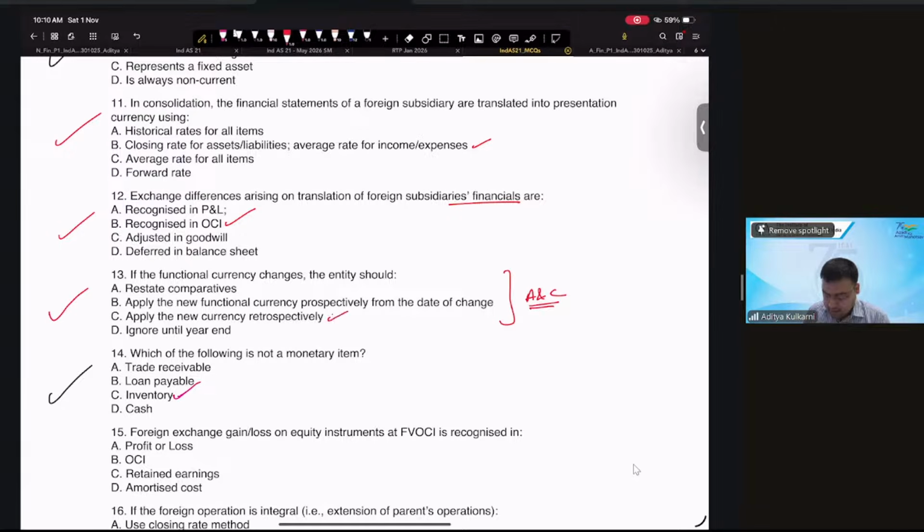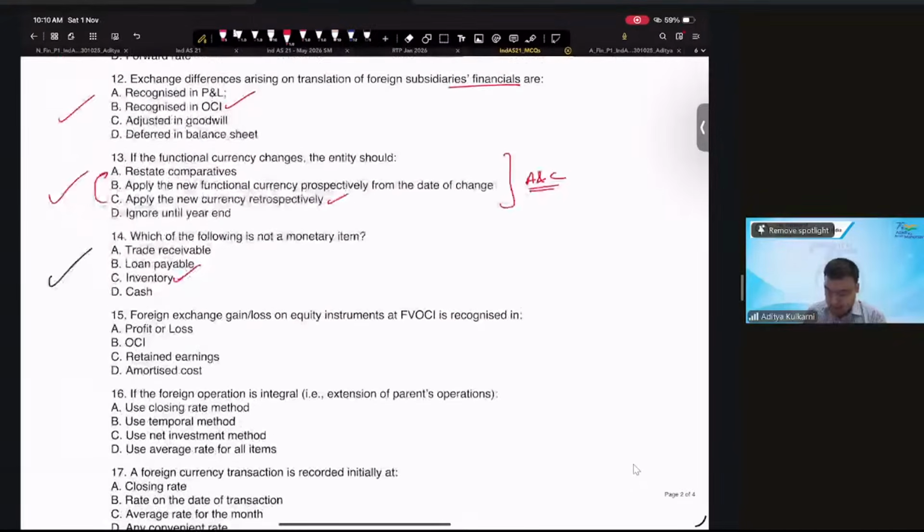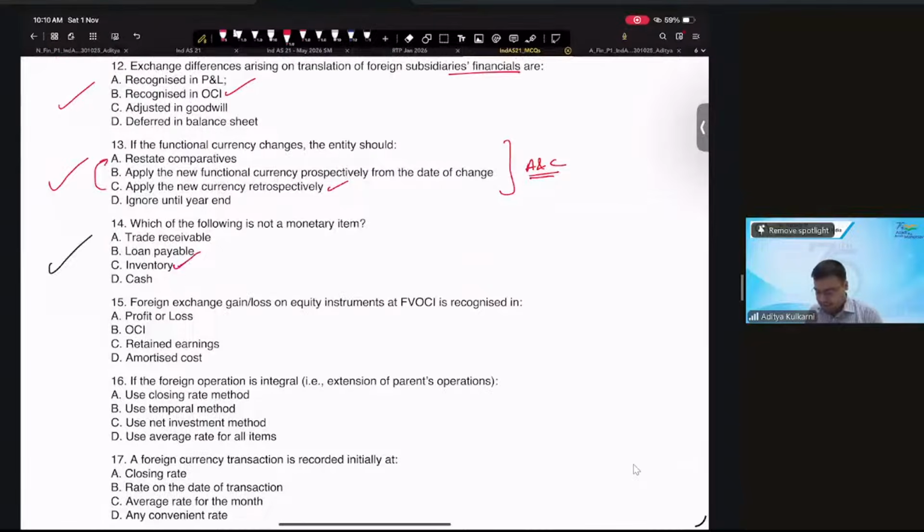When you apply C, A also will happen automatically. Maybe there is a drafting issue, but essentially A and C both will happen, but C becomes the right answer because that is the first thing you will do. As a follow-up, comparatives get restated.